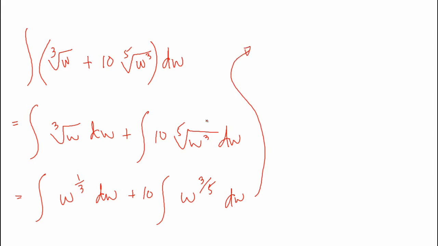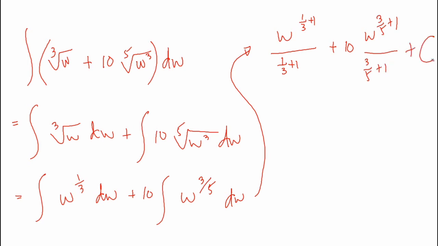Let's integrate the first term. That will be w raised to 1/3 plus 1 over 1/3 plus 1. Then we integrate the next term: 10 times w raised to 3/5 plus 1 over 3/5 plus 1. Then we put a big letter C there, that's your arbitrary constant.